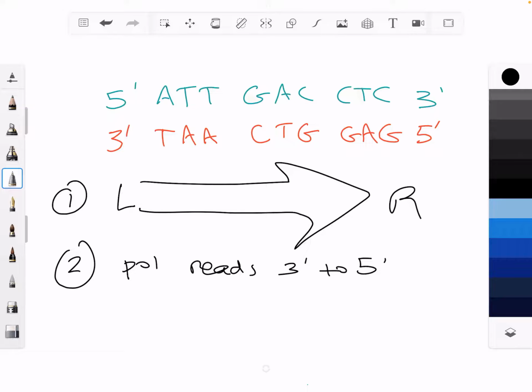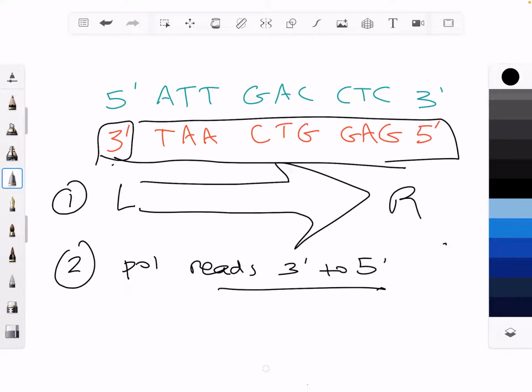So taking these 2 pieces of information, we can say if we're reading 3' to 5' and we're moving from left to right, then we could scan left to right, and we have to start with 3', and so we must be using the bottom strand here.